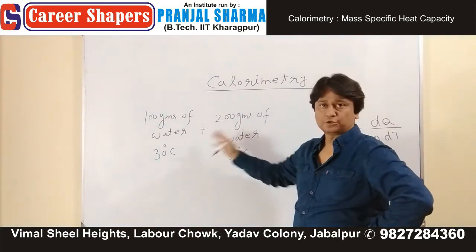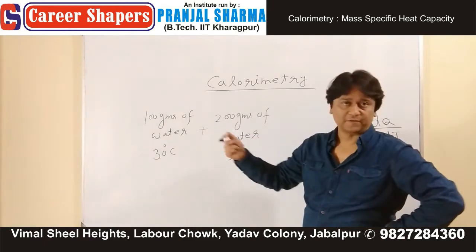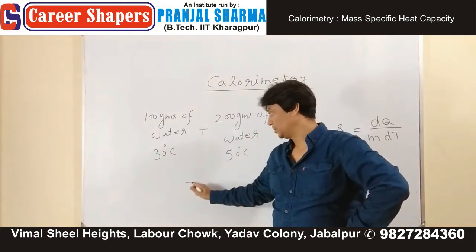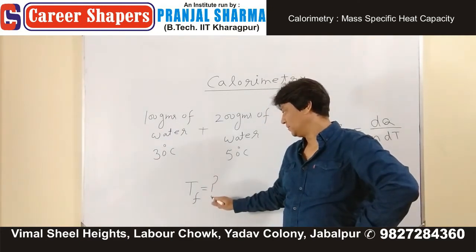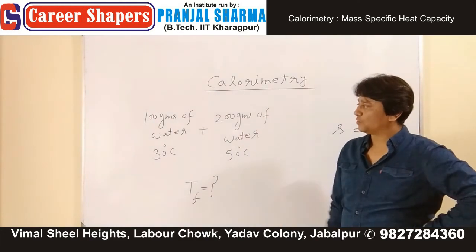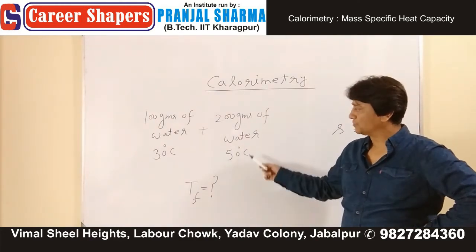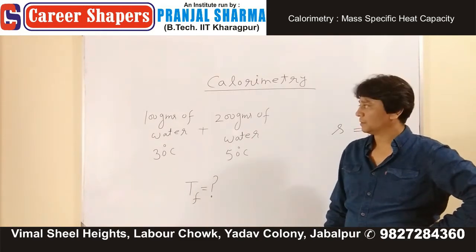When you mix these two waters, 30 and 50, after some time, you need to find final temperature of the system. 100 grams of water at 30, 200 grams of water at 50, you need to find final temperature.